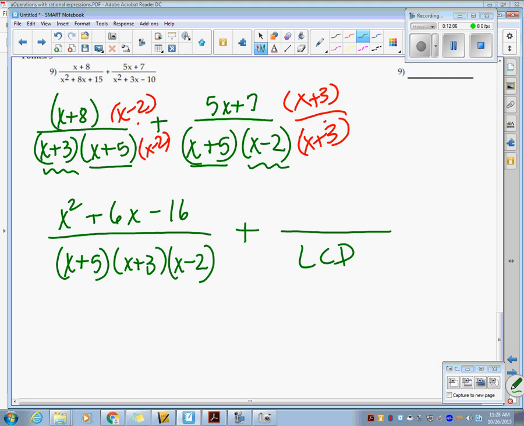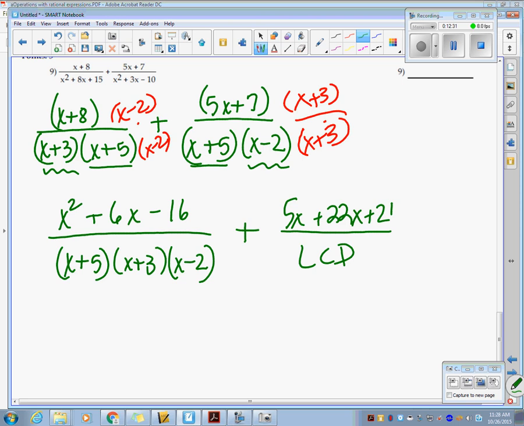plus 6x minus 16, and to FOIL these, you get 5x squared, and 5x times 3x is 15, and 7 times, so that's a plus 22x in the middle there, and then 7 times 3 is 21.